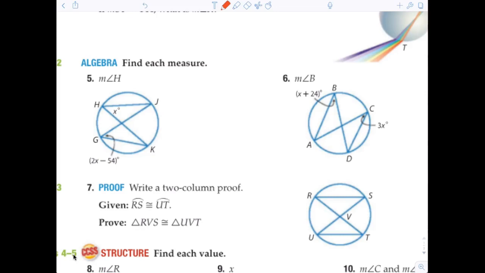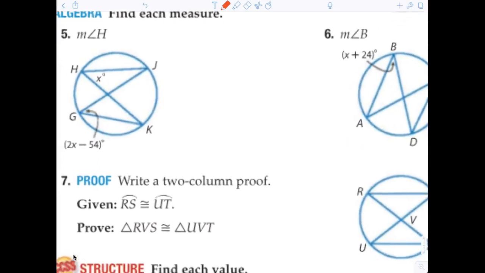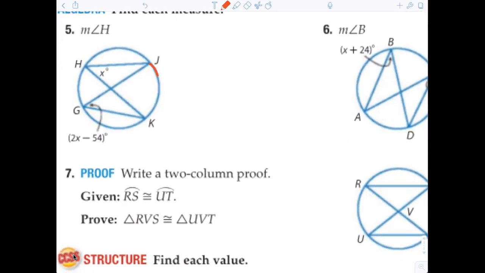All right? Which I think is what we're talking about right here. All right? So if we're trying to find angle H, we would have to notice that JK is the intercepted arc. Does everybody agree with that? So this X is half of JK. You agree?